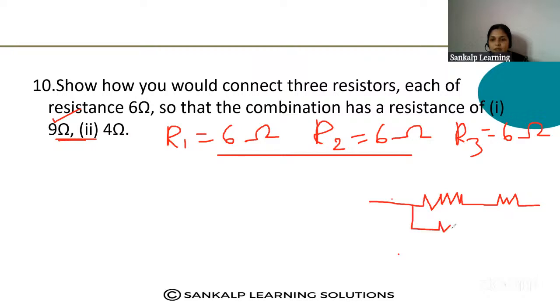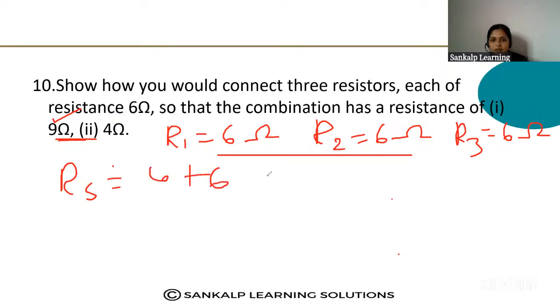So first you have to do the series connection. Two resistors are connected in series. Rs is equal to 6 plus 6, that is equal to 12 ohm. And this 12 ohm is connected in parallel to the next resistor.